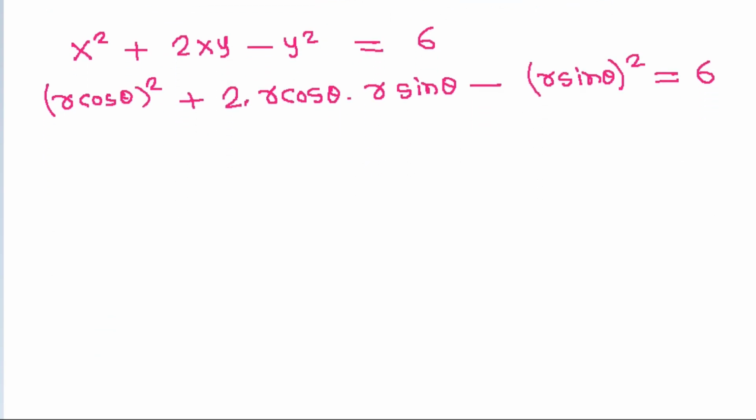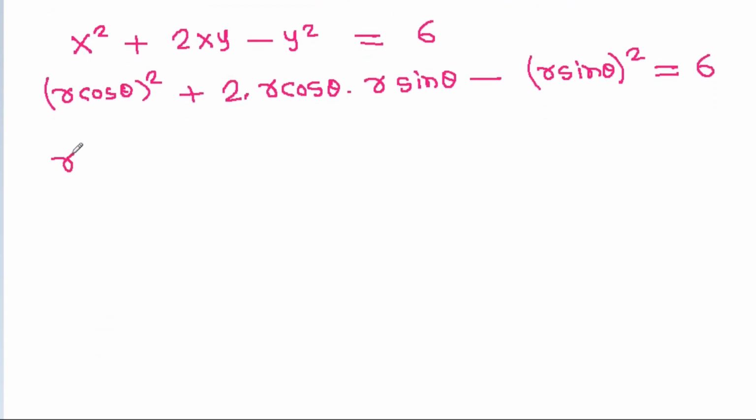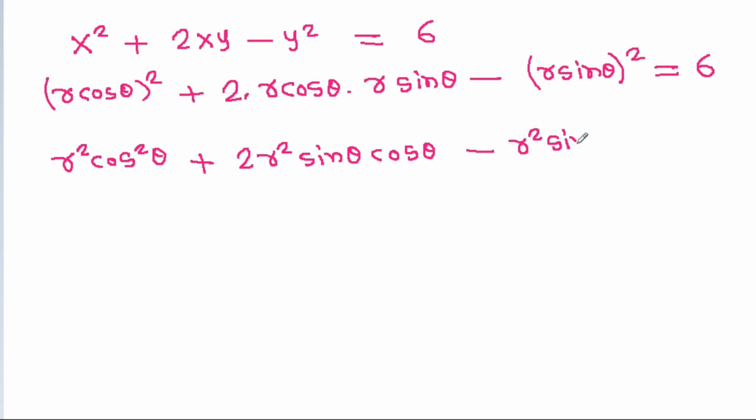And it is r squared cos squared theta plus 2 r squared sin theta cos theta minus r squared sin squared theta is equal to 6.